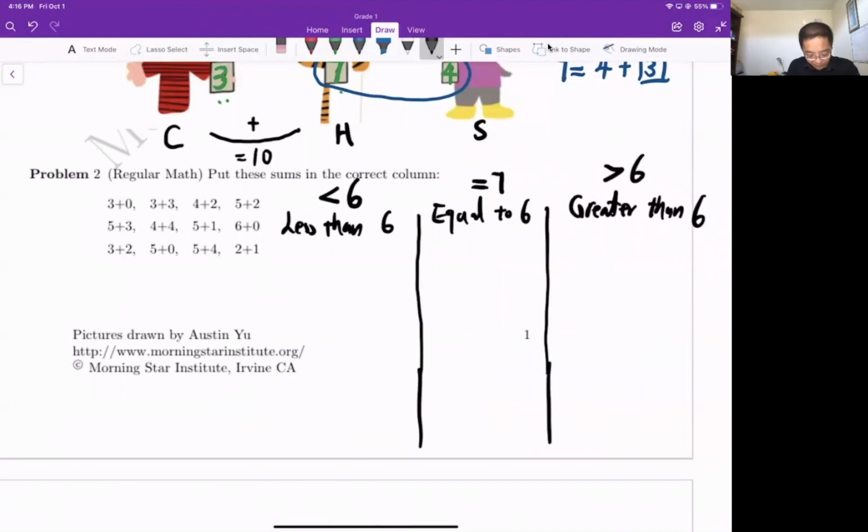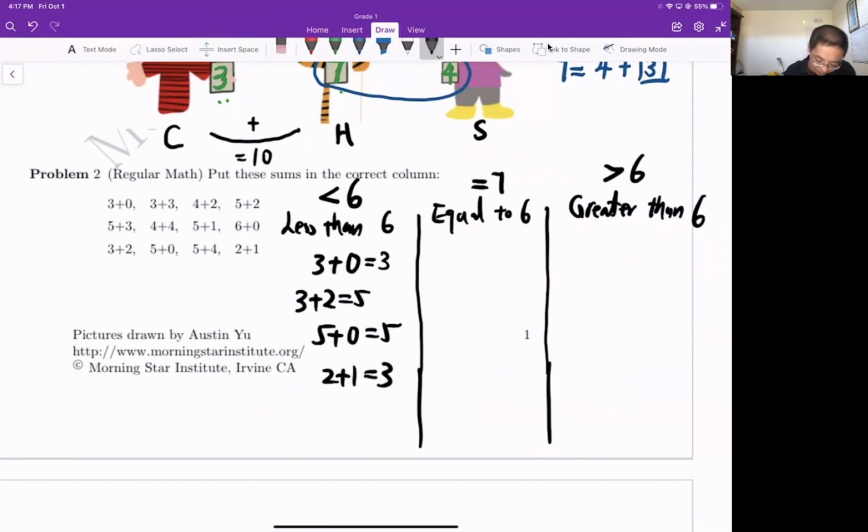Let's look at which are less than 6. Obviously 3 plus 0 is 3, less than 6. Then 3 plus 2 is 5, which is less than 6. And 5 plus 0 is also 5. And 2 plus 1 is 3, also less than 6.